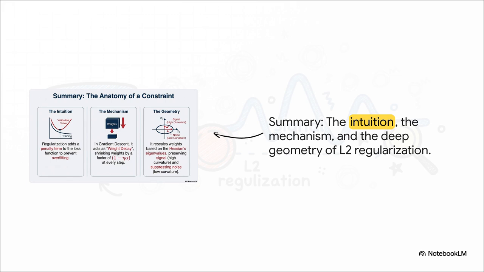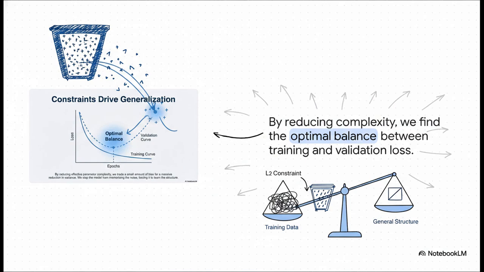Regularization is actually rescaling weights based on the curvature of the loss landscape, which intelligently preserves the signal and filters out the noise. And this brings us all the way back to our original problem, those loss curves. By adding this incredibly smart constraint, we stop that validation loss from shooting up to the moon. We find that sweet spot, that optimal balance. We stop the model from just memorizing the noise in the training set, and we force it, we guide it to learn the true generalizable structure underneath.